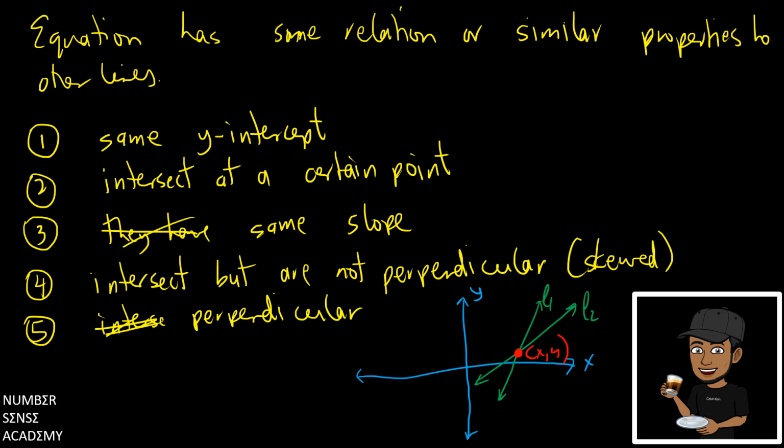If they are perpendicular, then they might look something like this. And L3 is perpendicular to L4, which we write as L3 ⊥ L4. And what's happening is that they meet at a 90-degree angle.